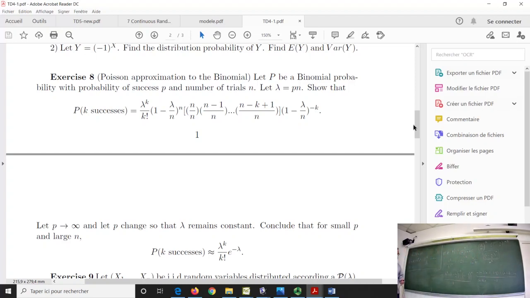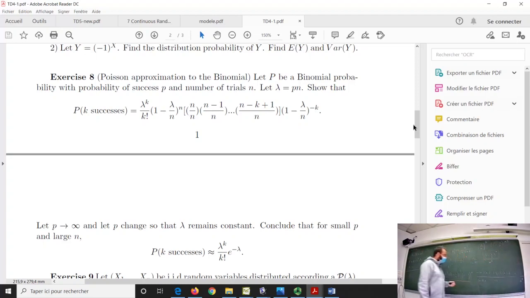So here I have just written for the moment n factorial over n minus k factorial, using the definition of n factorial and n minus k factorial, and I have to divide by n to the power k.